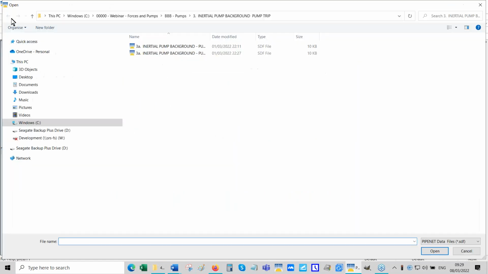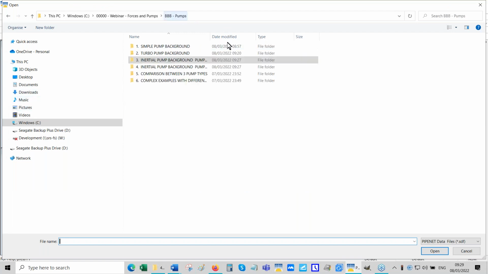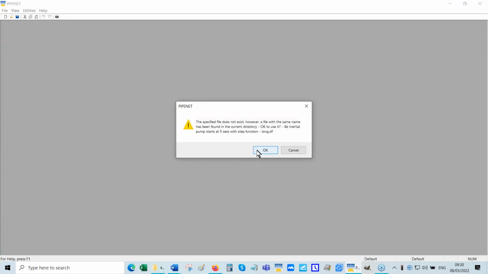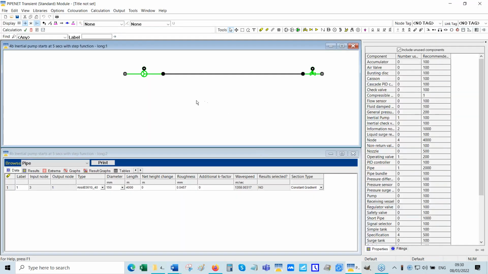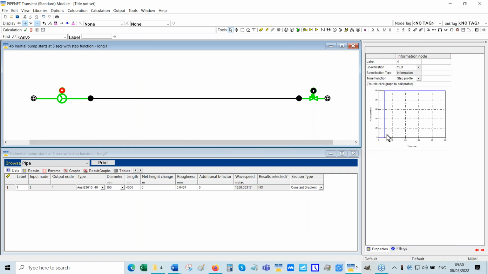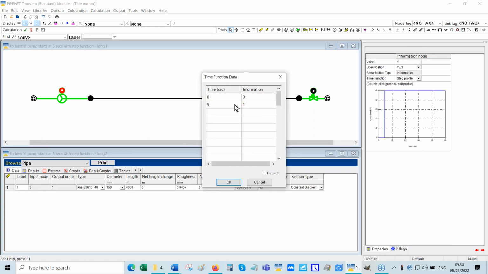Okay. Whereas with this case, where we are studying the pump startup, this is with a step function. So here, it's the opposite.